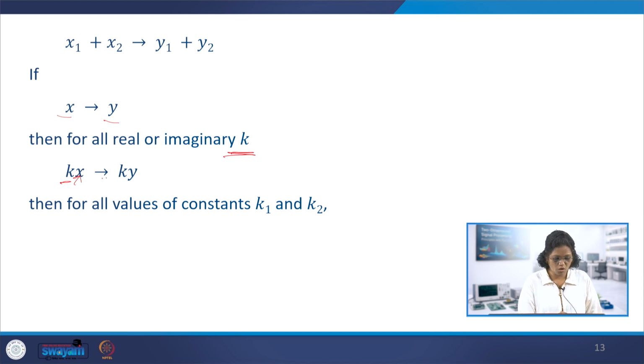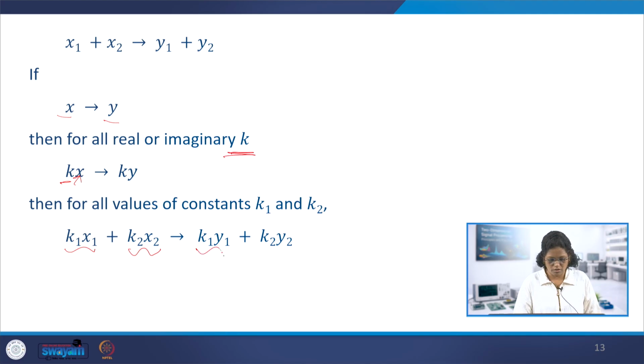This should be valid for all K1 and K2 constants, any K value. Combining these two properties, the superposition theorem and homogeneity: K1 X1, that is scaling, plus K2 X2, if you add these two inputs with the scaled values K1 and K2, the output should be K1 Y1 plus K2 Y2.